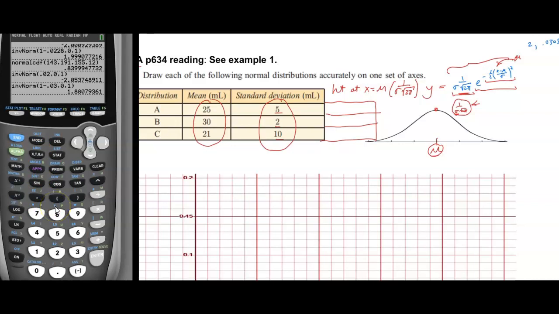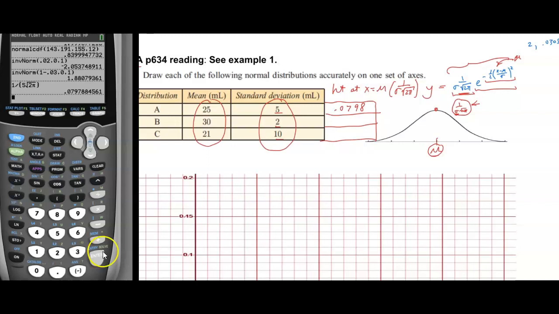So the first one I'm going to do is sigma equals 5, so I'm going to do 1 divided by parentheses, sigma 5, and then multiply it times square root of 2 pi. Right arrow to get out of the square root, close the parentheses. So it's 0.0798. So this is the height for sigma equals 5.